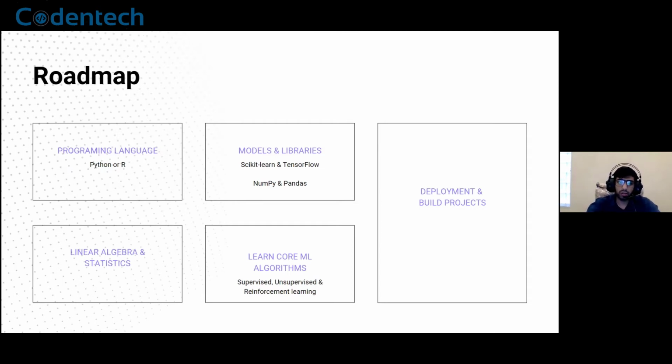Moving on to the next thing, people should learn modules and libraries. Scikit-learn and TensorFlow are some of the machine learning libraries that people should learn. NumPy and Pandas are Python libraries that will help you prepare your machine learning models and AI stuff. The next thing you should learn is linear algebra and statistics.